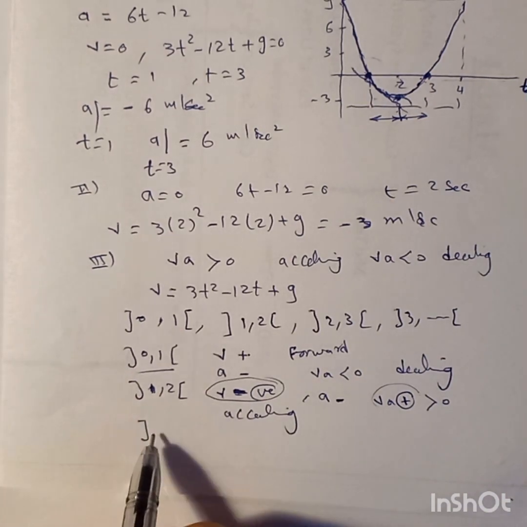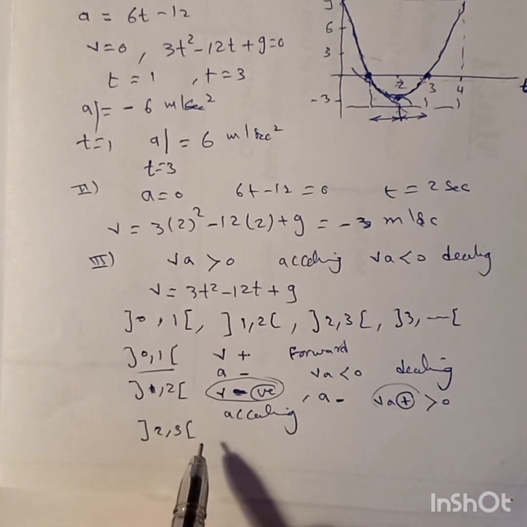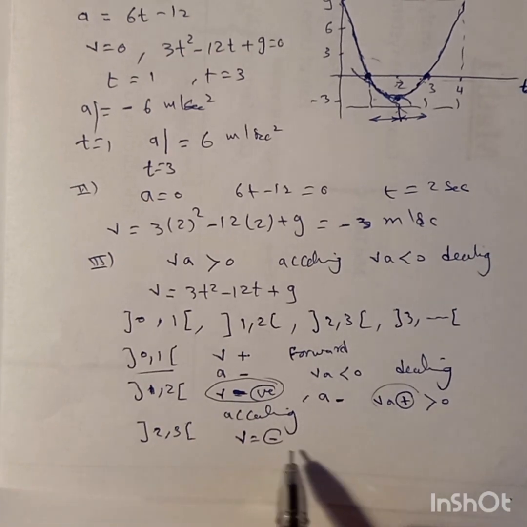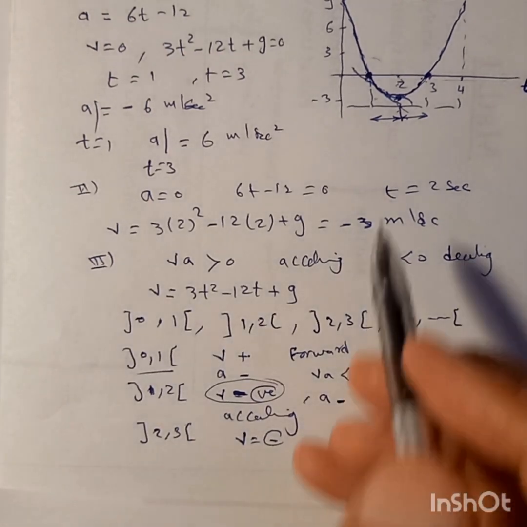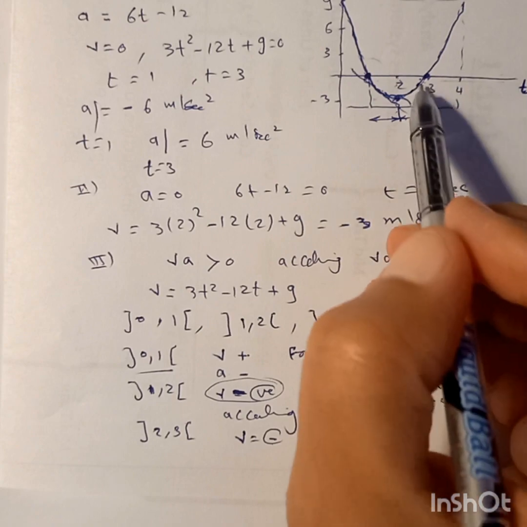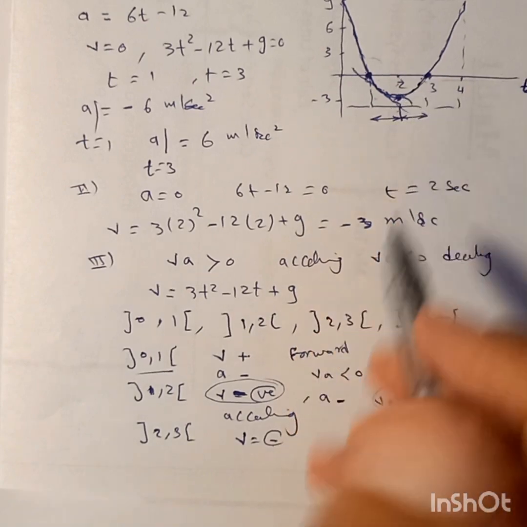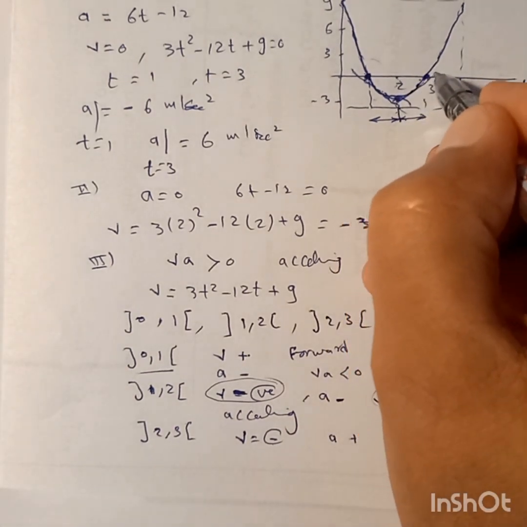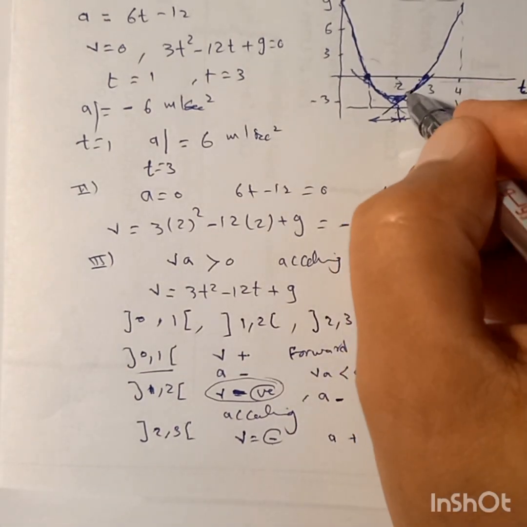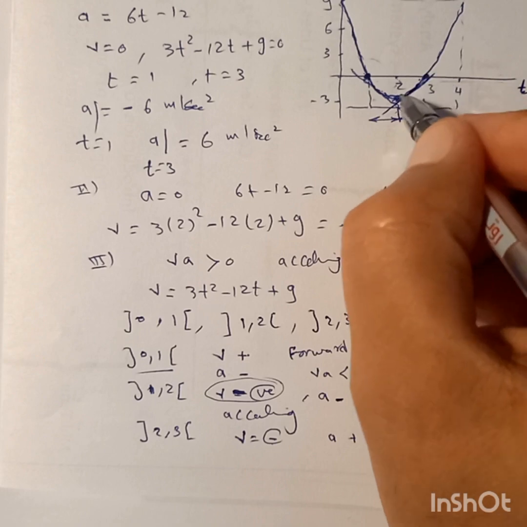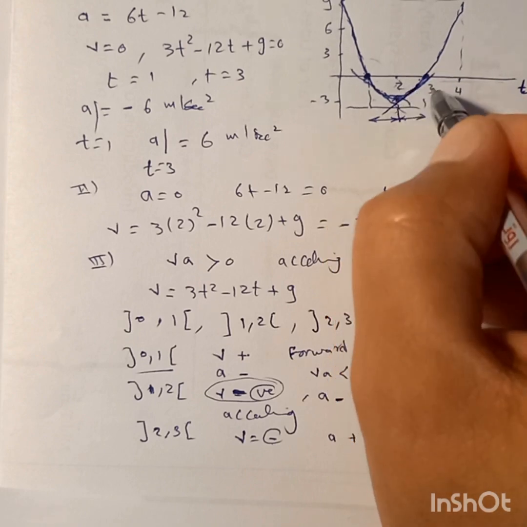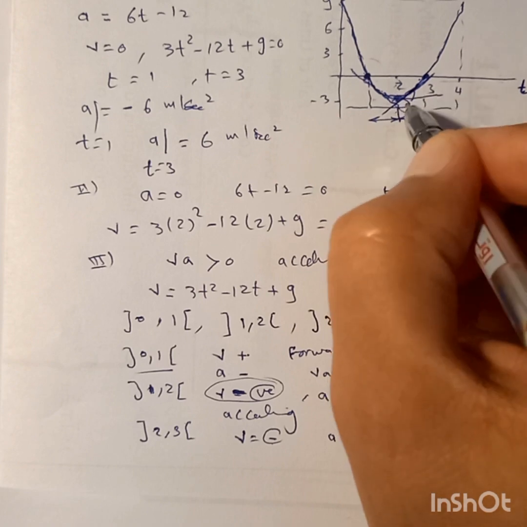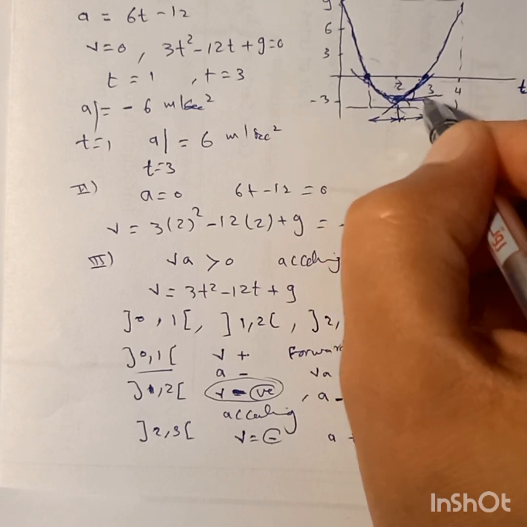For the time interval 2 to 3, the velocity is negative as well. The motion is in the backward or reverse direction as v is below this horizontal line. Acceleration here is positive as the slope of the tangent of this curve during the time interval 2 seconds to 3 seconds is positive, as the angle made by this tangent to the horizontal is acute.